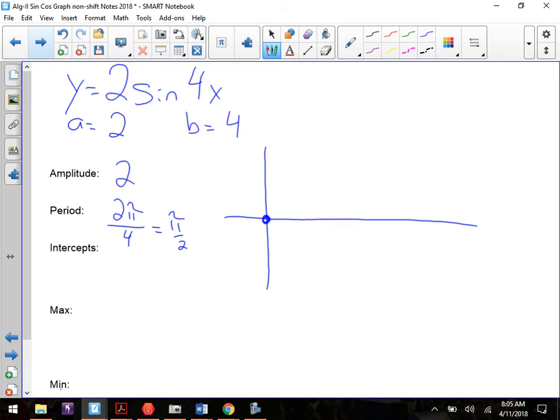So 4 times 0 is 0, sine of 0 is 0, 2 times 0 is 0. Hence, 2 sine 4 of 0 is 0. Convenient how that works. Okay. Now, my amplitude tells me how high up it's going to go. And the opposite of my A value would be how low it will go.